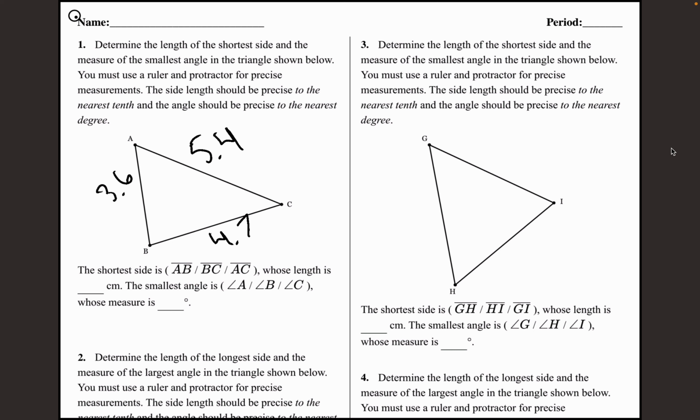Then if you look at where AC goes, it tells you what that angle is going to be. So what do we get for that angle? I would say you get 60 for angle A.